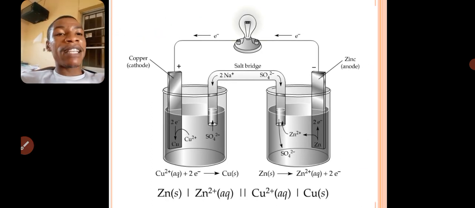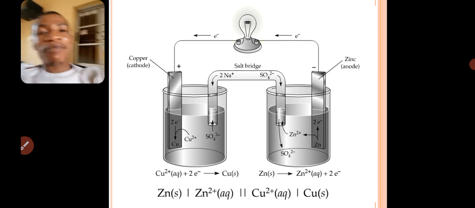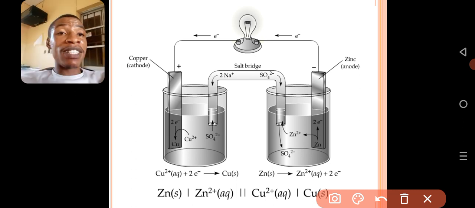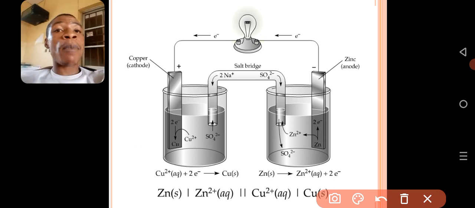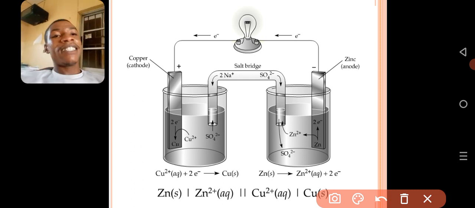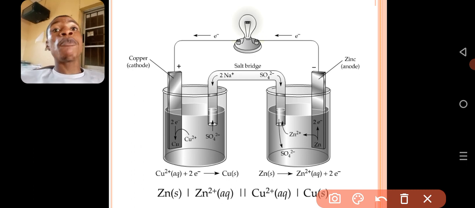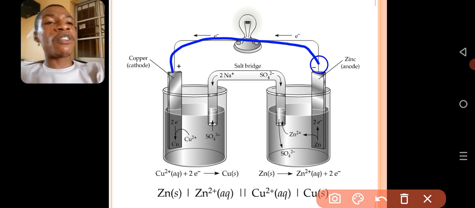So everything about the cell is displayed here. So this is the diagram of the cell, right? The cathode is copper because it's lower than zinc. This is the salt bridge that allows movement of ions between two cells. This is the wire that allows movement of electron.